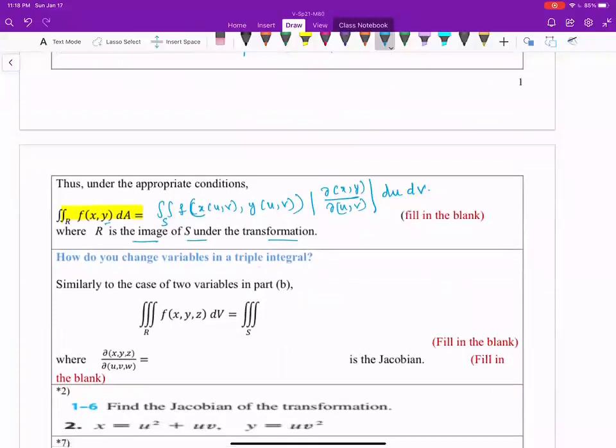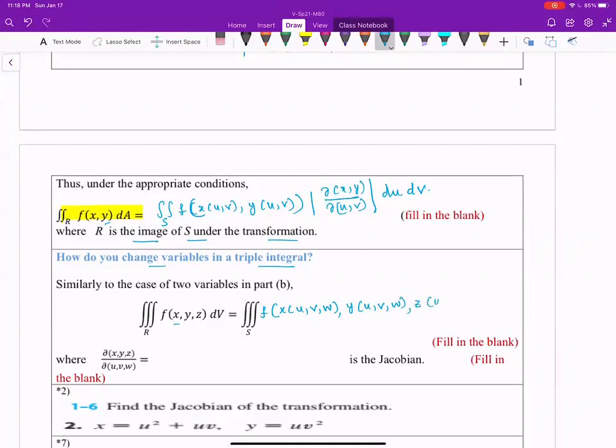How do you change variables in a triple integral? Similarly to the case of two variables, for a triple integral, we have the triple integral over R of f of x, y, z dV is the triple integral over S of f of x, y, z, where x is a function of three variables u, v, w, and y is a function of three variables u, v, w.